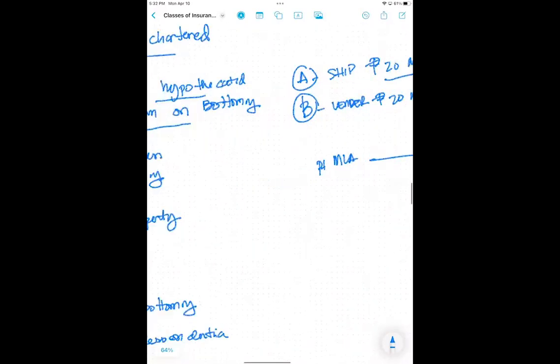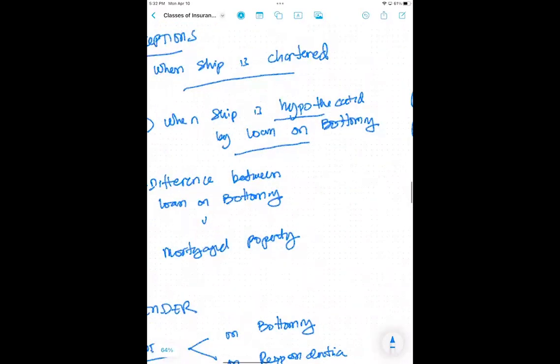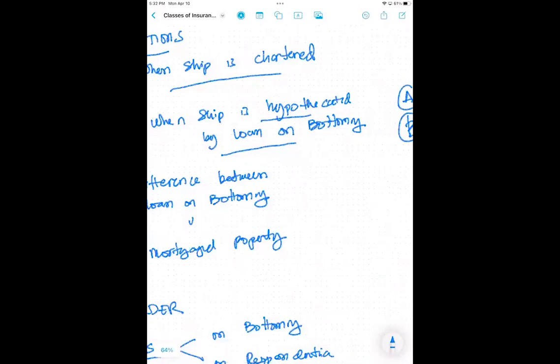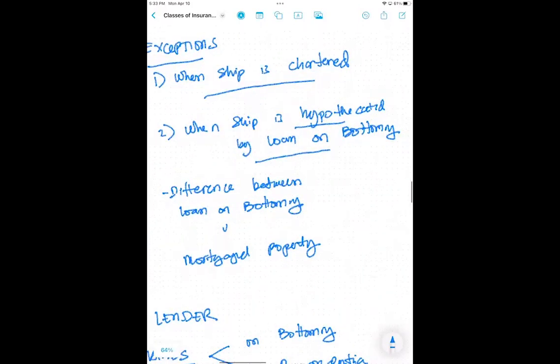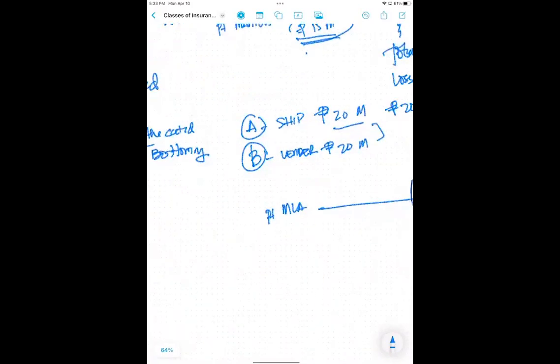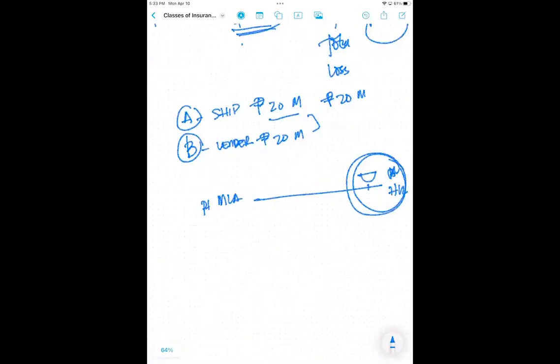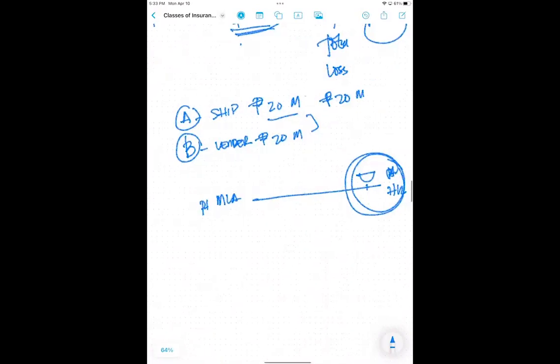Now, because of that, so in this example, the ship value is 20 million, but A was able to obtain a loan from B, 20 million. How much can A recover? How much can A insure the ship? Okay, is it still 20 million?